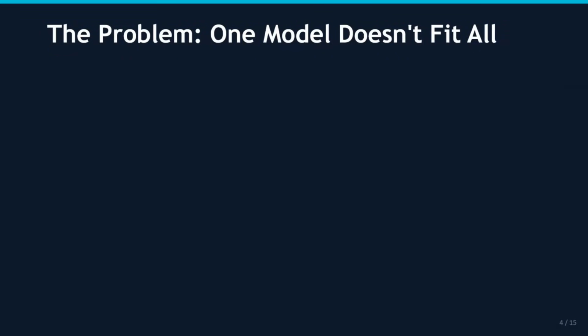So here's the problem we all face. How many times have you asked yourself, which model should I use for this? Look at these 3 scenarios. If someone asks what is 2 plus 2, and you route that to GPT 4.1, you're spending 50 times more than you need to. That's like booking a private jet to go across the street.